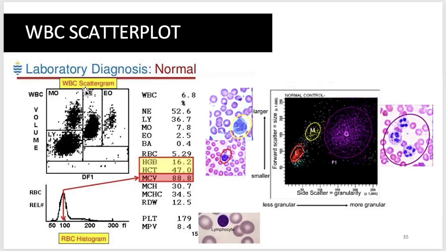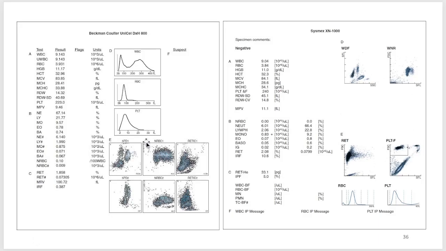Kumbaga, the importance of having this scatter plot and histogram is a visual representation of the result. So this is now the data and you want to see that as a visual representation using your histogram or your scatter plot. Ayan, dito, ganito.